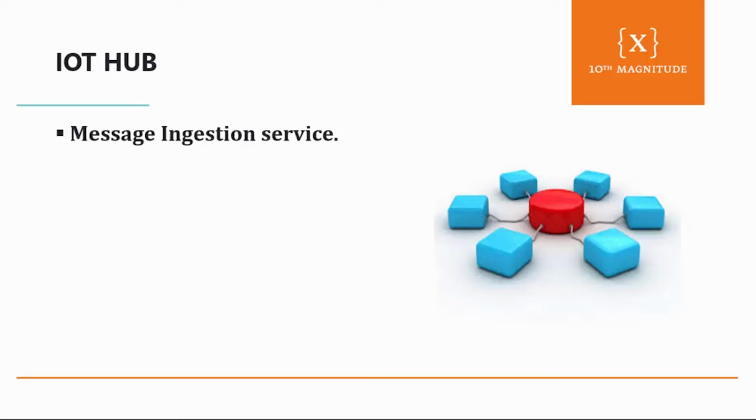It enables communication between your device and cloud. So there's an IoT Hub pipeline, and there are devices throwing messages into it. IoT Hub has the ability to connect to millions of devices at the same time. It connects your device to cloud, and it has the ability to handle millions of messages at the same time.